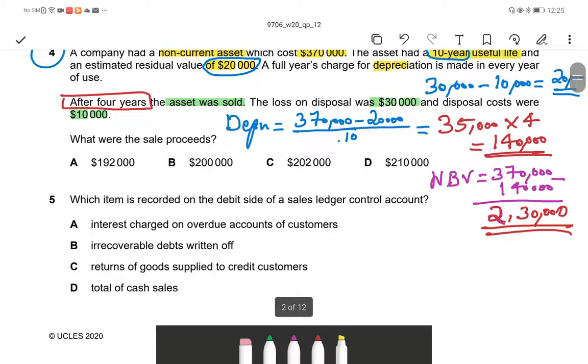So we have to find the selling price. If the net book value after deducting depreciation is 2,30,000, then net book value minus loss is equal to selling price.